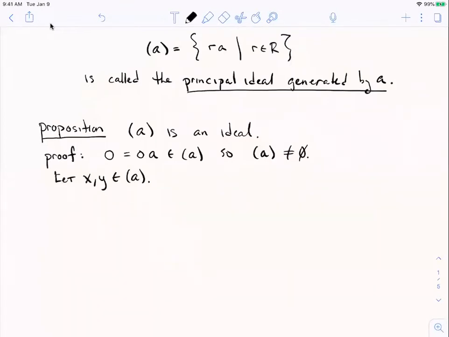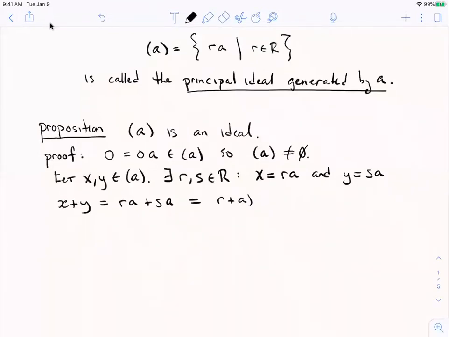Well, by the definition of it, there have to exist a couple of ring elements, I'm going to call them R and S, such that X is R times A, and Y is S times A. So if we add X and Y together, that's adding R times A and S times A. And by the distributive law in the ring, we can rewrite that as R plus S times A, which is certainly an element of parentheses A, because R plus S is an element of our ring.